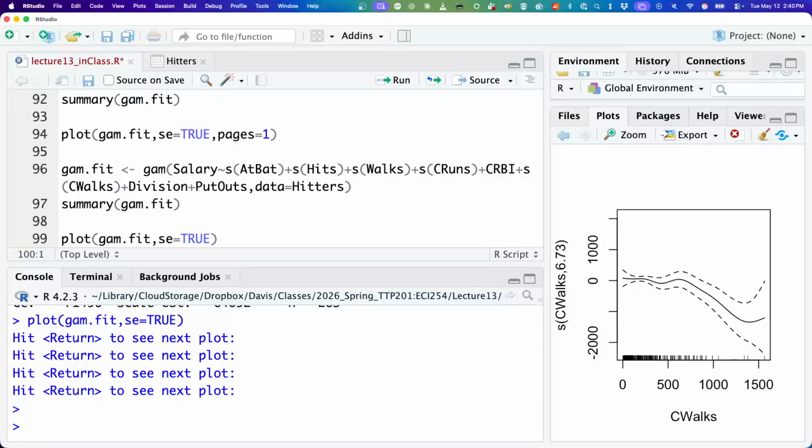Say if the hits is 100, then do I need to look at the graph to see the corresponding salary when someone's hits is 100?